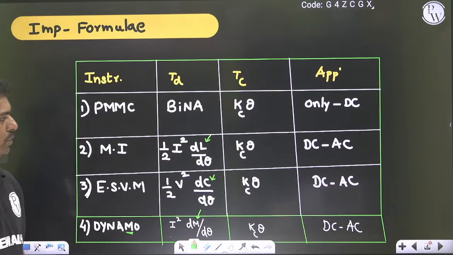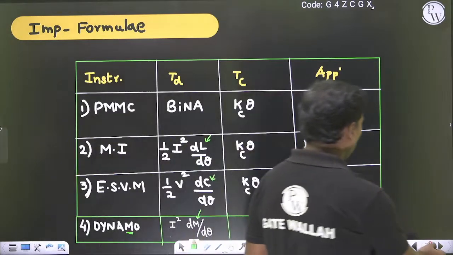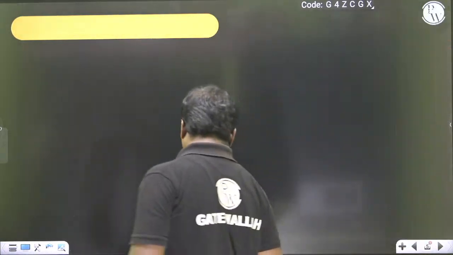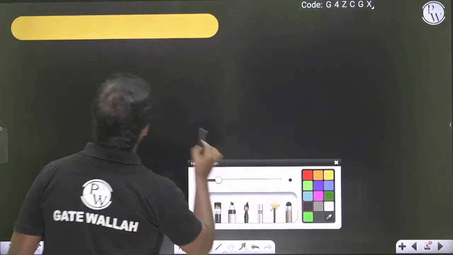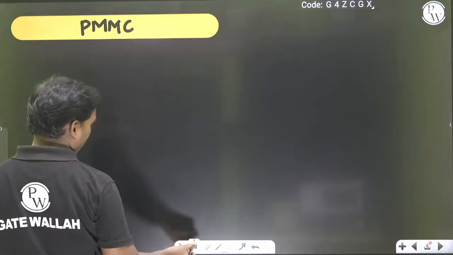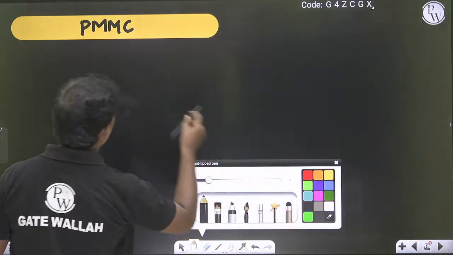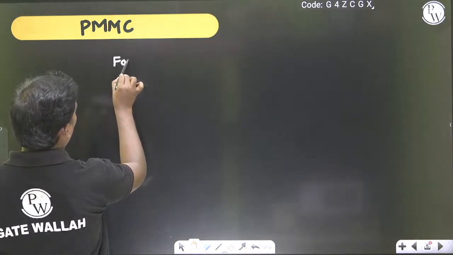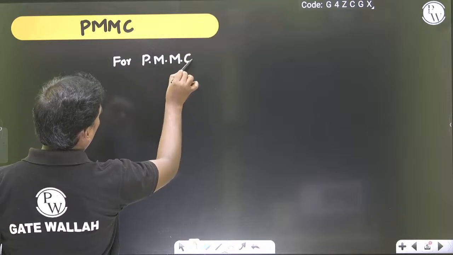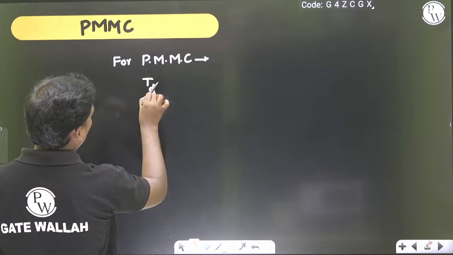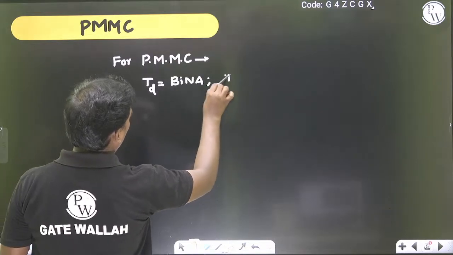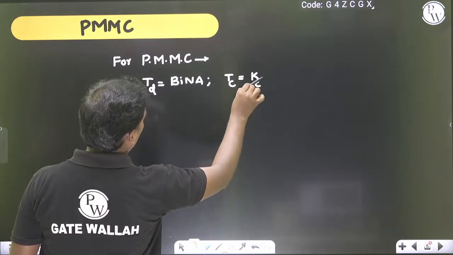Now let us talk about the basic PMMC operation, deflection torque and controlling torque equations. For PMMC, permanent magnet moving coil, the deflection torque is equal to BINA and the controlling torque is equal to Kc theta.